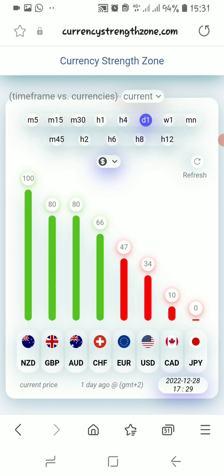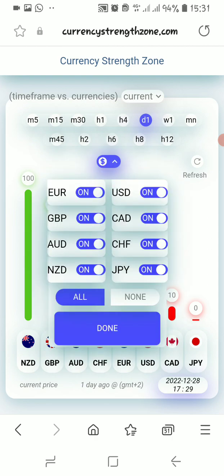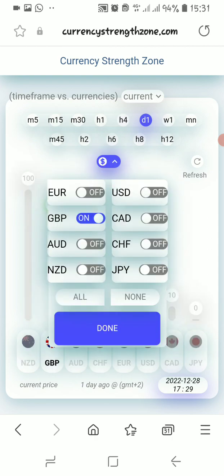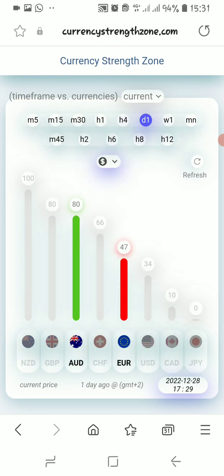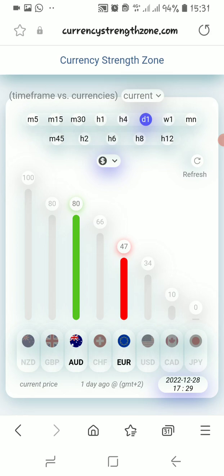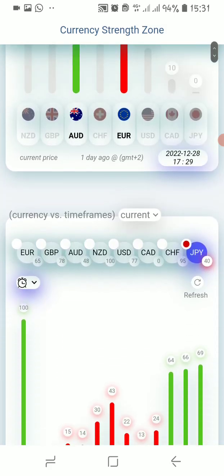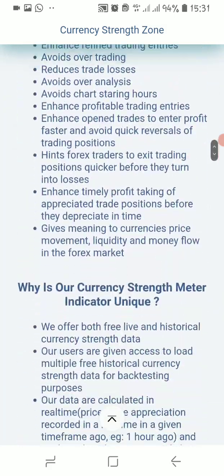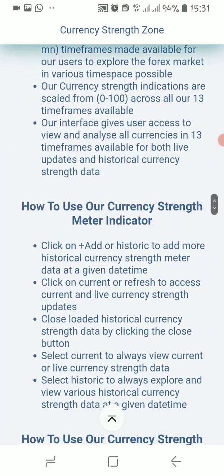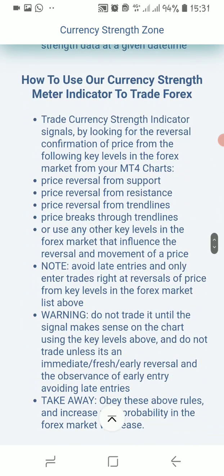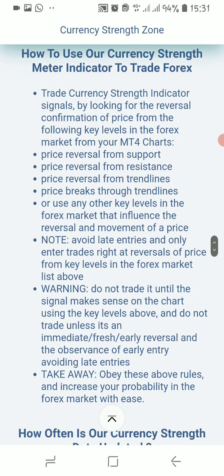There are some helpful rules you should follow so that the trade will be profitable. So let's go into some of the rules. To trade it profitably, here are the rules.